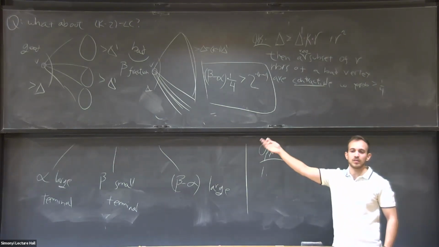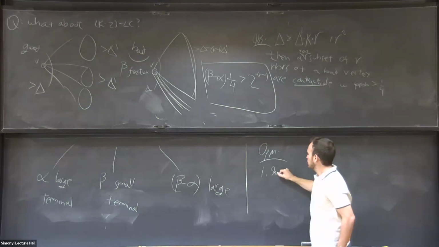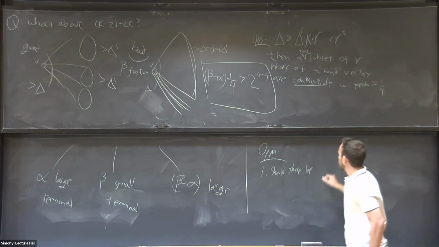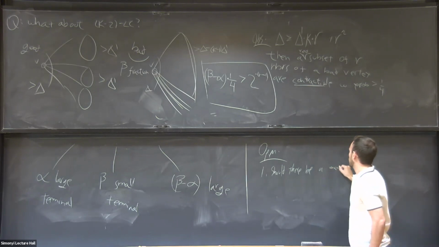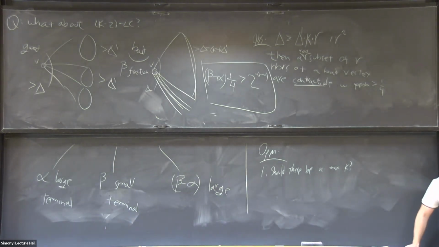Not only 5 and 6, and maybe you can get a bit more now, but the question is, should there be a maximal such K for which you cannot save on the general graph coloring?